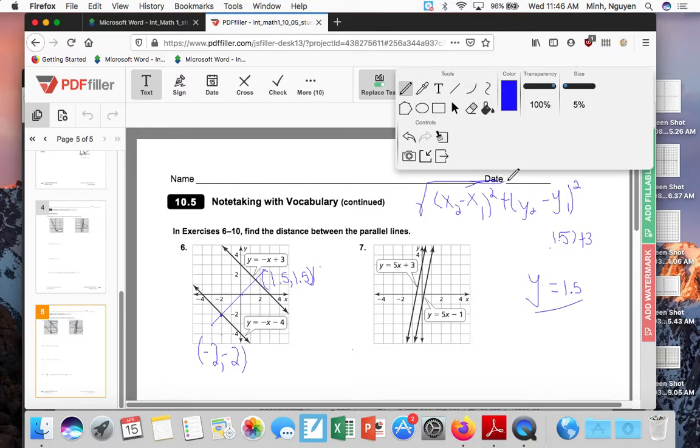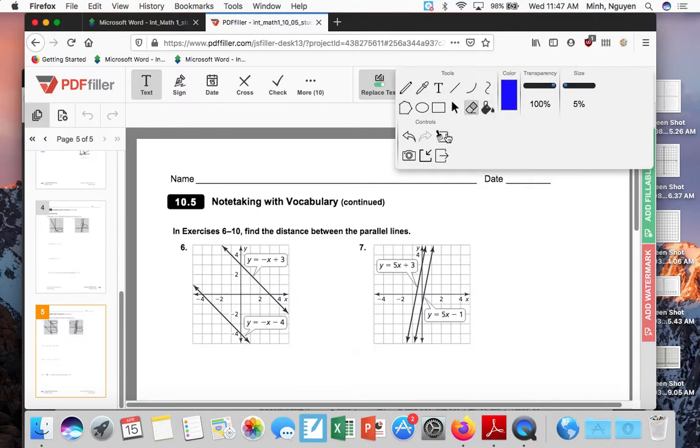So the x's you subtract and square, and then the y's you subtract and square, add them together, take a square root. So -2 goes here, minus 1.5, and so on and so forth. But I didn't want to focus on that. I just want to focus on finding the points in the first place because that's the hard part.